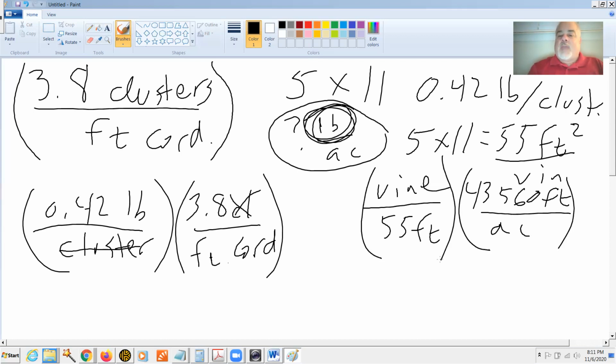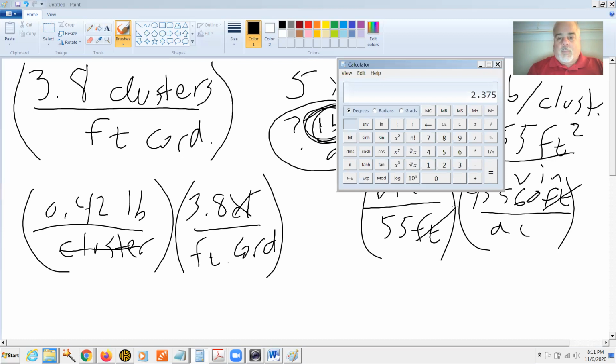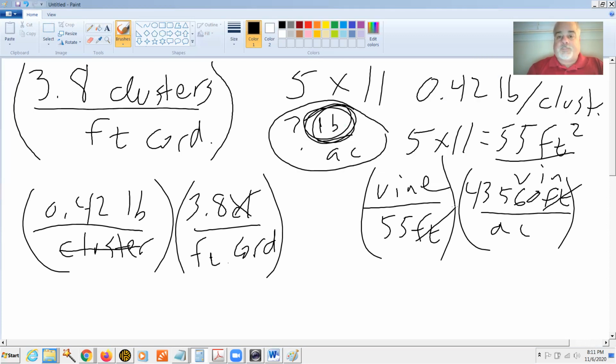So how many vines do I have per acre? 43,560 divided by 55. I'm back to that 792 number that we used in the previous one.